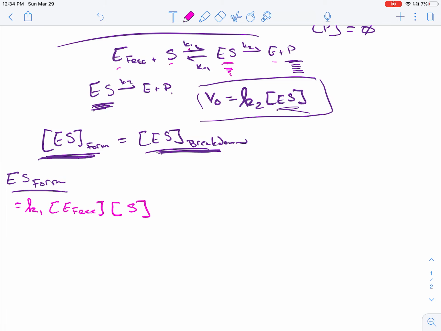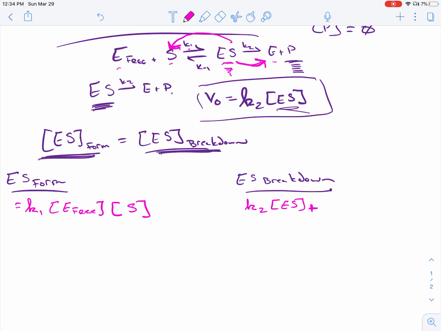Now, if you look at the rate of ES breakdown, it can occur in two ways, right? We can break down ES by going forward to product, and that would be equal to K2 times the enzyme substrate complex, right? And the other way to break it down is to go back to the enzyme and substrate, right?